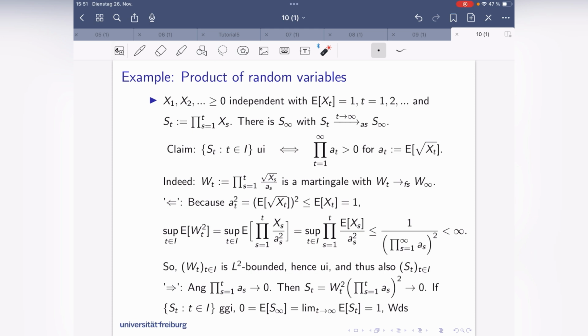So, yeah, let me just use here my proof. First of all, of course, W_t, which is the product not over X_s, but over square root X_s divided by a_s, that's a martingale, okay? Because all these numerators have expectation 1 by construction.